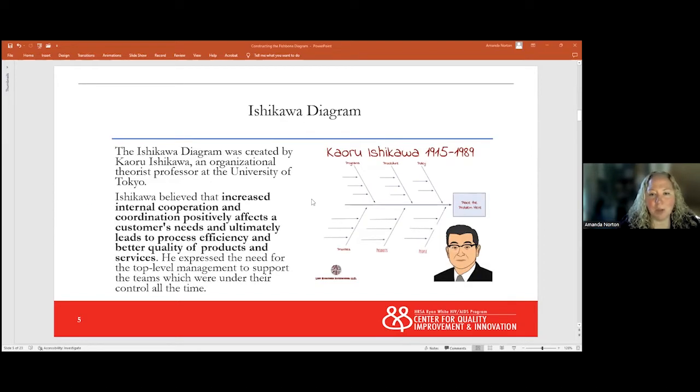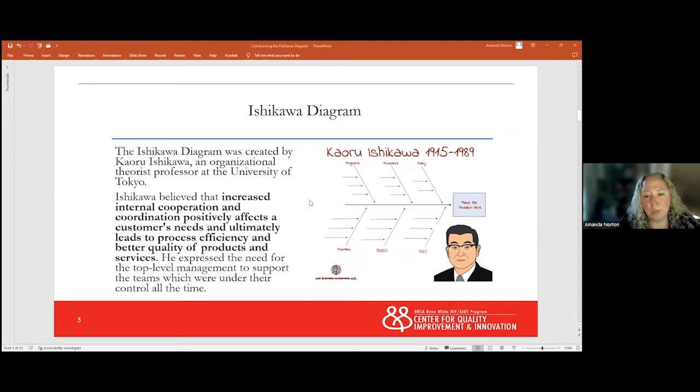Why is it called an Ishikawa diagram? Because he is the one who created it. So this was created by a theorist and professor at the University of Tokyo. And really the purpose behind the creation of this diagram was to increase internal cooperation and coordination to positively affect the customer's needs and ultimately lead processes to be more efficient, with better quality of products and services.